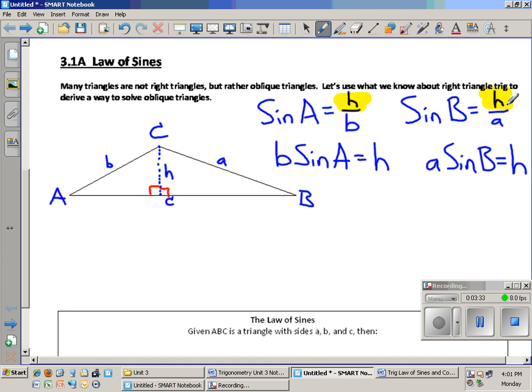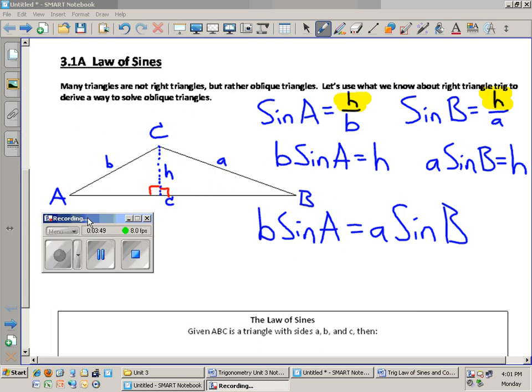Very good. B times the sine of A is equal to A times the sine of B. And that's what you have.